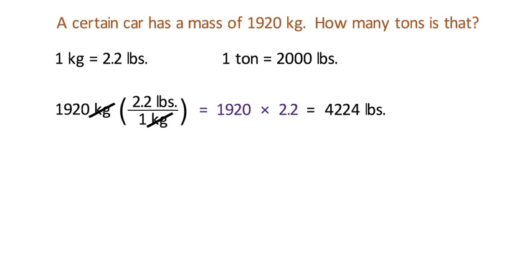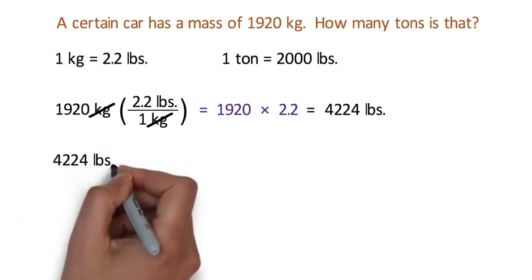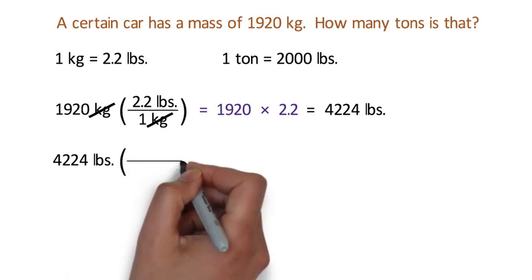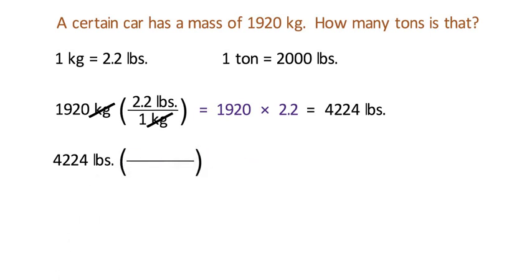First, we write down the number that we want to convert, that is 4,224 pounds, and then we multiply this by a fraction. We want to have pounds in the denominator of the fraction so that we can cancel out the pounds. But which pounds do we choose? 2.2 pounds or 2,000 pounds? Remember that we want to convert to tons, so we choose the conversion factor between pounds and tons.